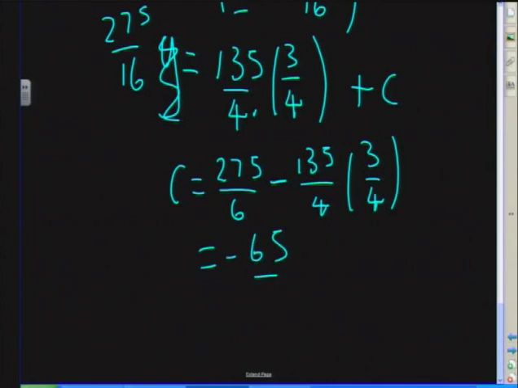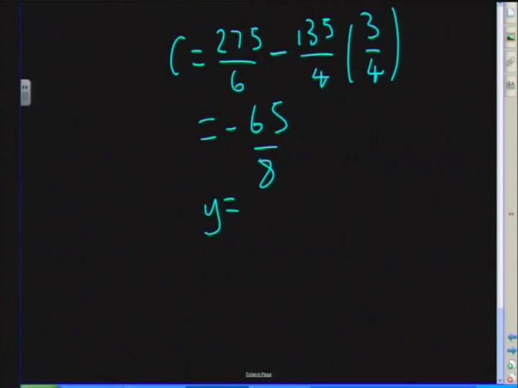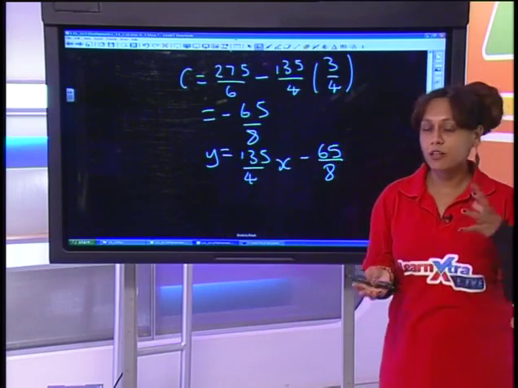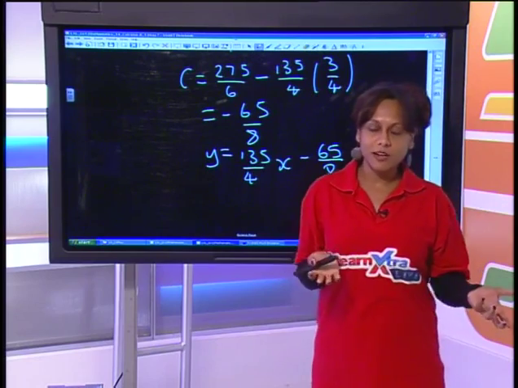Okay, so therefore our equation, and we can end it off nicely, is y is equal to 135 over 4x minus 65 over 8. And that is the equation of your tangent. It doesn't look very pretty, but sometimes you don't get equations that work out beautifully.